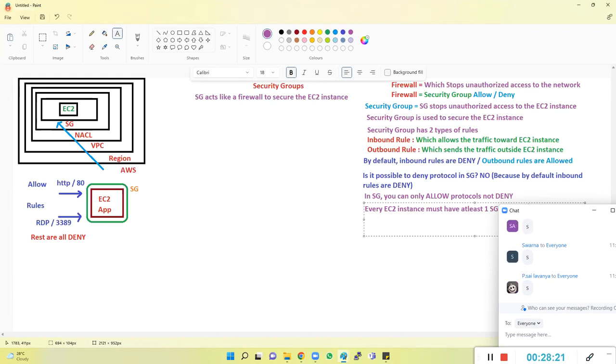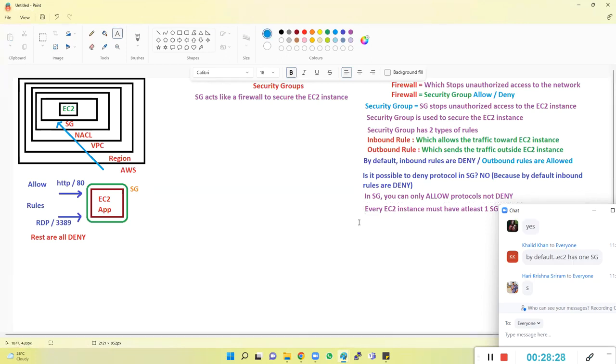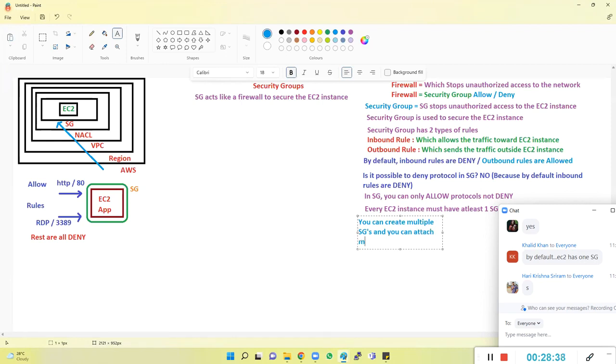Yes. You can create multiple security groups and attach multiple security groups to a single EC2 instance, no issues.